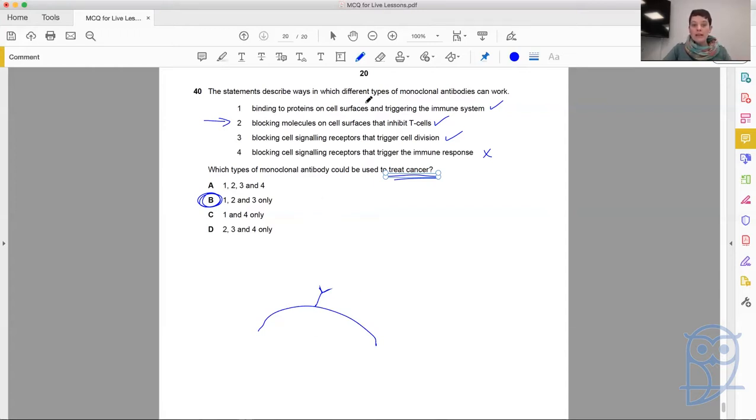Now, what we're saying is a monoclonal antibody can go and block that. If you're blocking that T cell inhibition, then we have T cell functionality. And if we have T cell functionality, then we can attack that cancer cell. Does that make sense?